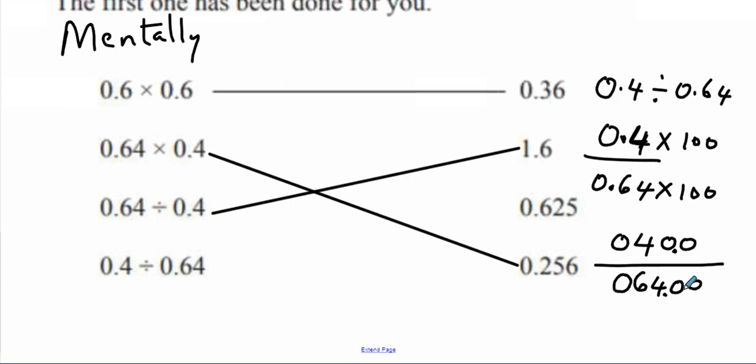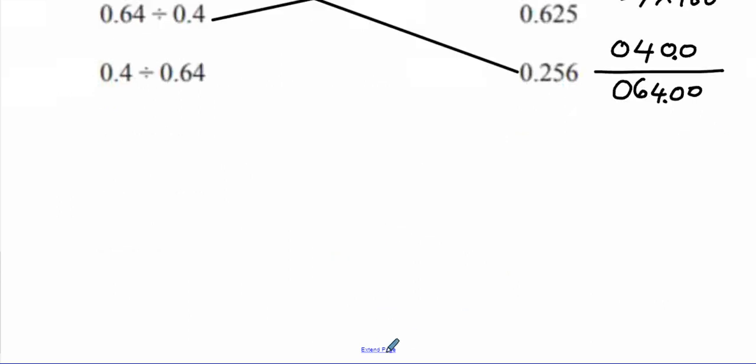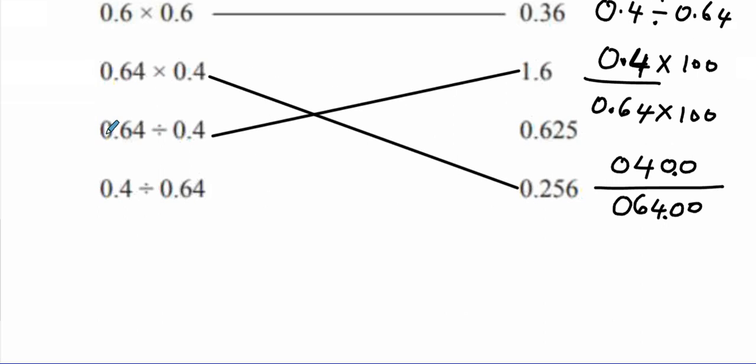Okay, right, so that will simplify to: this number becomes 40 and this number becomes 64. Then you do 40 divided by 64.